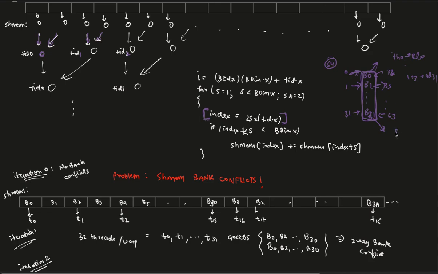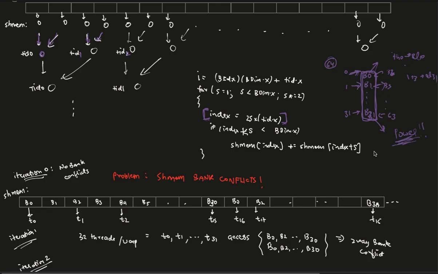That is the power this bank arrangement gives us: in a warp we have 32 threads, and if each thread reads from a different bank, we can read all 32 values from the banks in parallel. The way elements are stored in shared memory across 32 banks gives us this power.